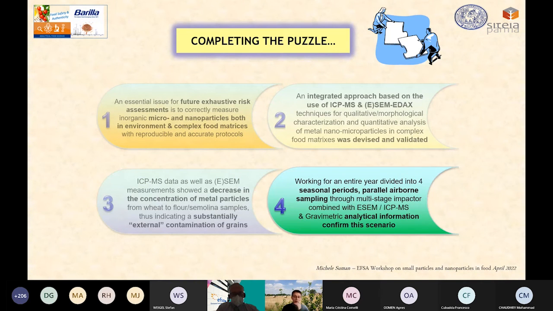And finally, a further evaluation was also made of the different distribution of the particles during seasonal periods for an entire year, giving more information on the scenario, which is due to the corresponding contamination along the chain itself.